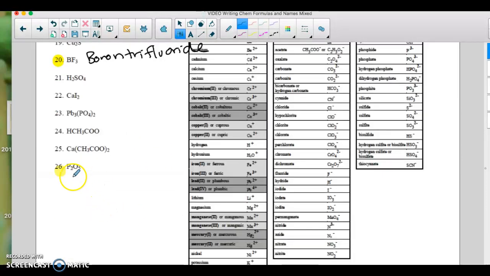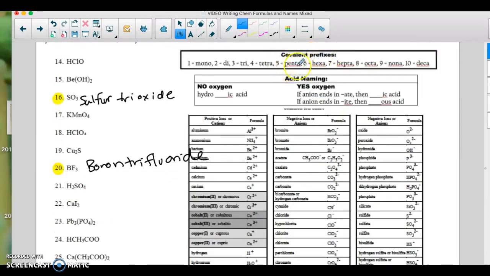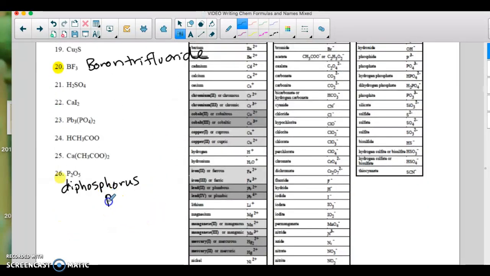And then down here, diphosphorus, and then 5 is on my sheet, penta oxide. Sometimes we drop that A and just go pentoxide, but we won't be that picky.